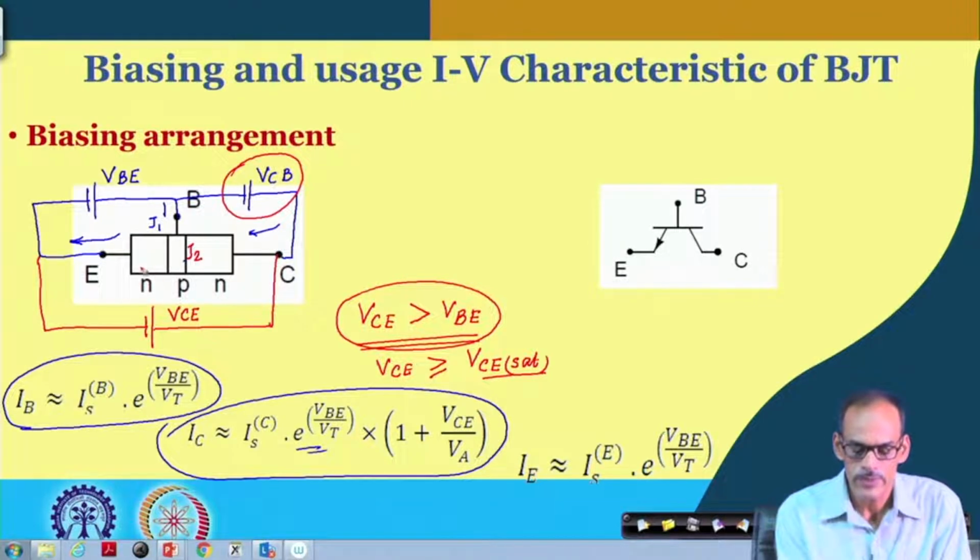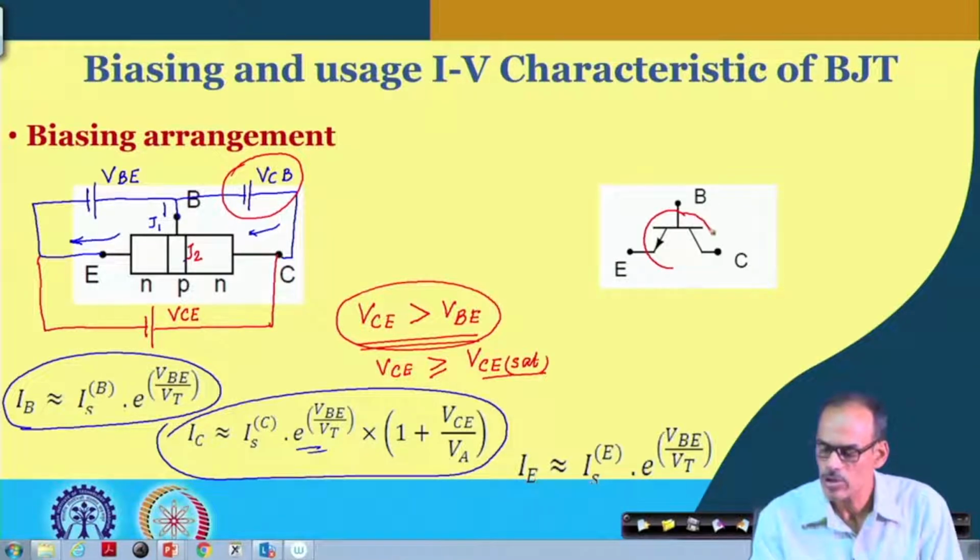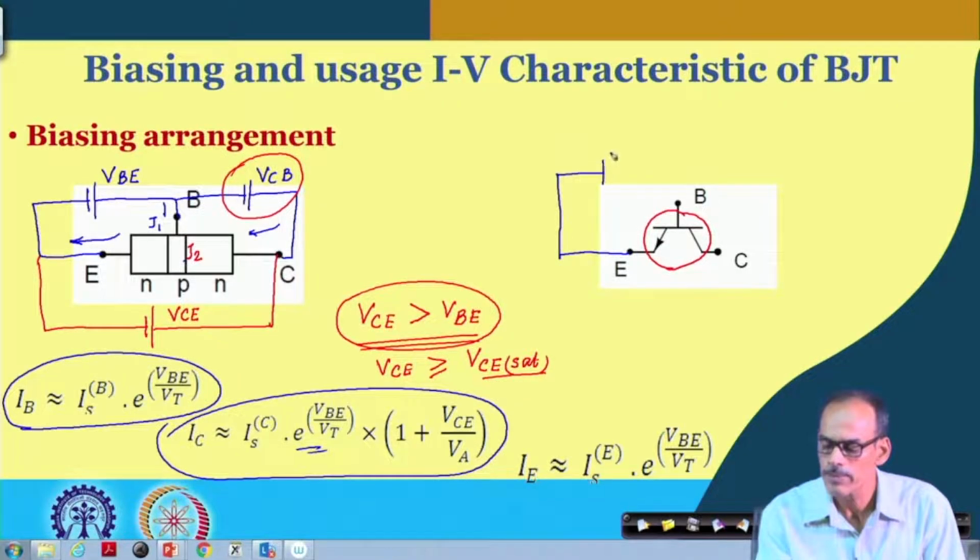So, in our circuit, instead of using this view, we may prefer to use the symbol of the device. Here we have the symbol of the BJT NPN transistor and its corresponding bias: we have VBE and VCE.